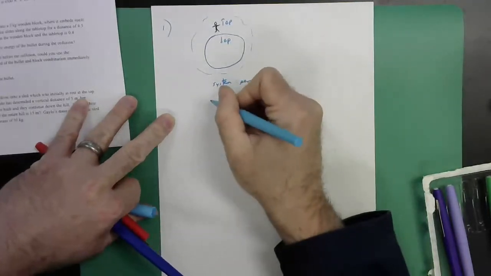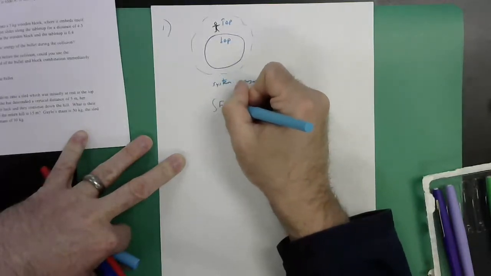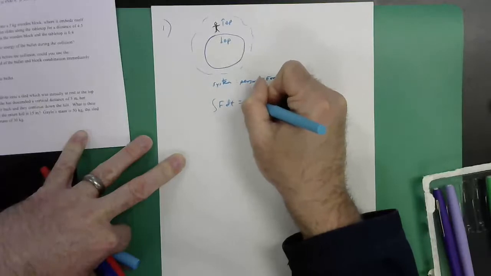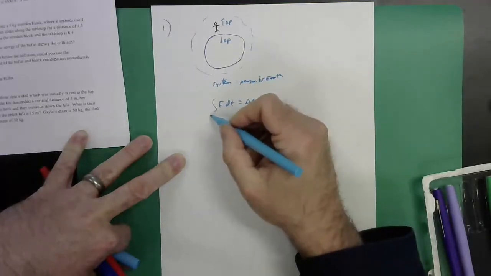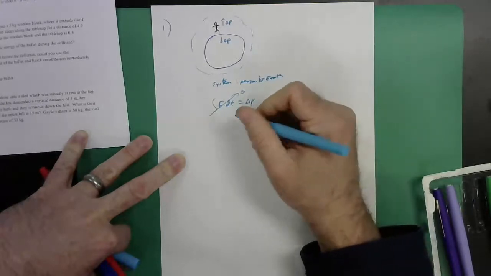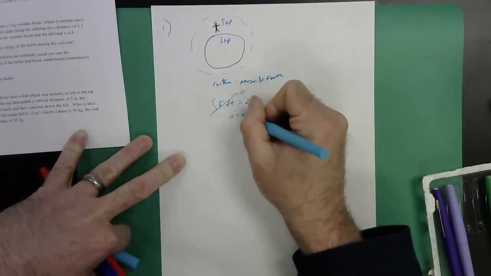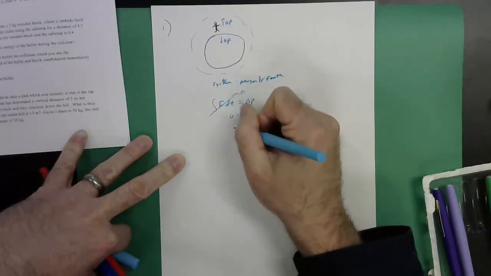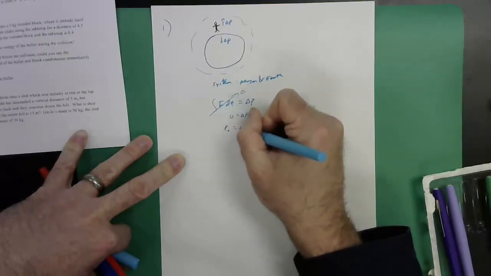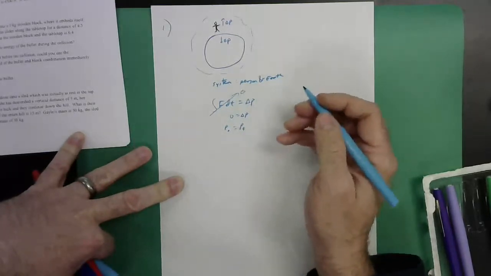Okay, and we're going to set up our impulse momentum calculation. FΔt, our impulse, is the change in the momentum, but the impulse is zero because there's no outside force on our combined system. So 0 is ΔP, and that means that the initial equals the final. If I add up all the initial momenta and all the final momenta, they would be the same thing.